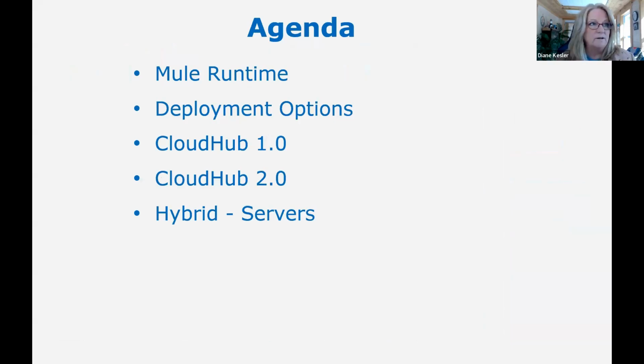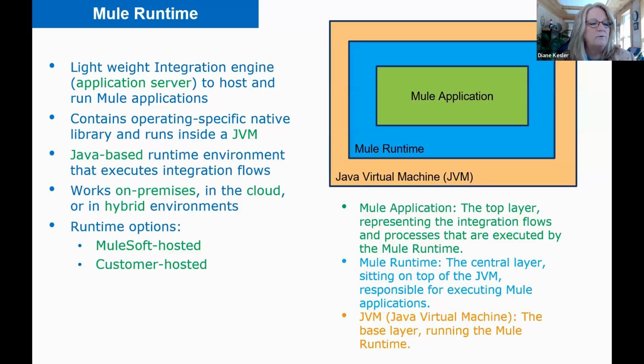So here is our quick agenda. I'm going to go through these pretty quickly. And essentially, when we look at it, the Mule runtime is going to exist somewhere, depending on where we deploy to. It might be that we deploy it in the cloud, or it might be deployed on a server or in a runtime container.